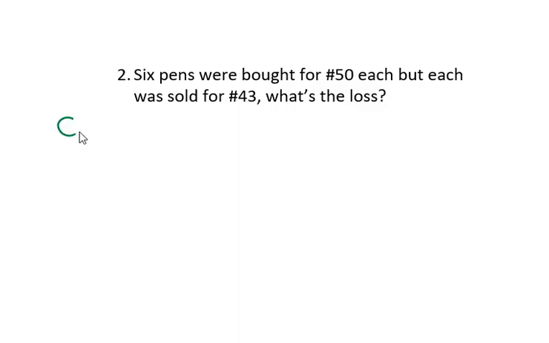So cost price is 6 multiplied by 50 naira each. They did not say all the 6 pens were bought for 50 naira; they said each of them was. So you have to do 50 naira times 6. That will give 300, because 6 times 5 is 30, then you just add the 0.